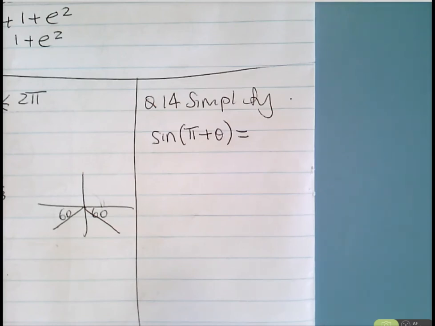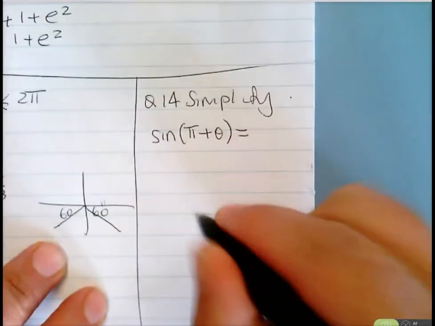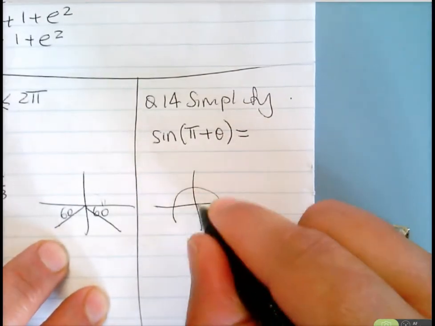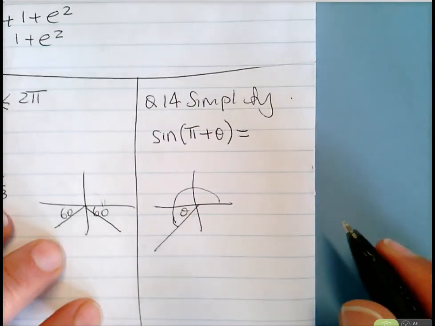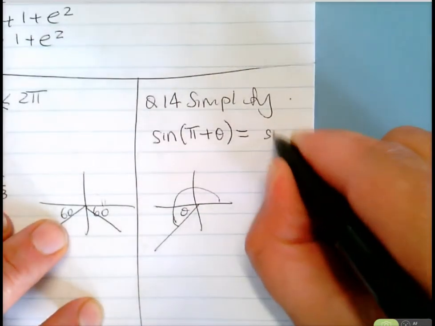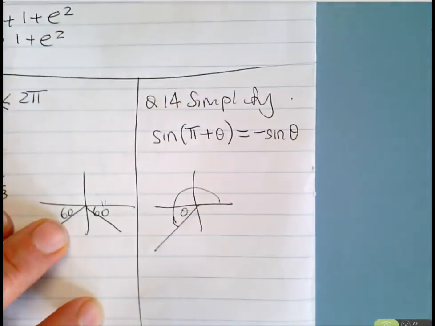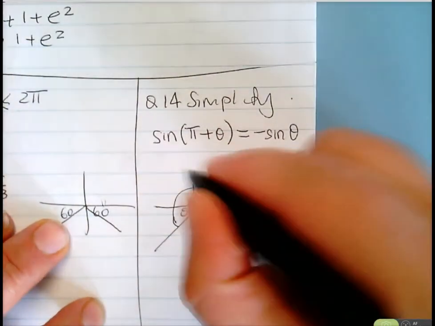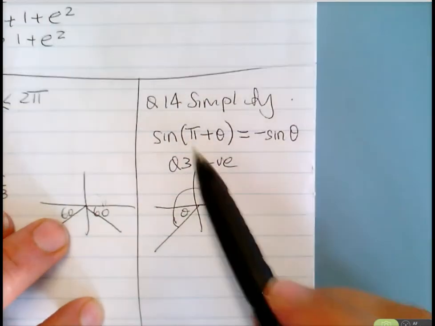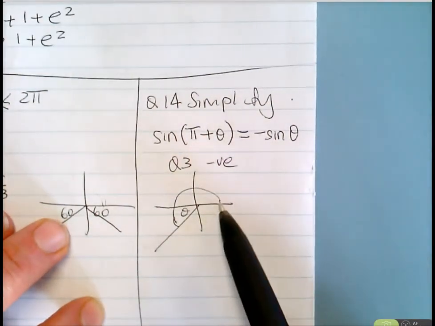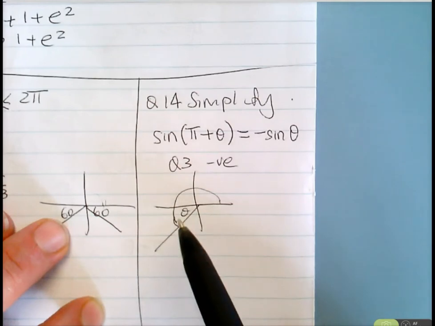That's sine of 180 plus theta. So that's over here. How do you simplify that? It's quadrant 3, so it's negative. And how do you get to 180 plus theta? You go 180 plus theta. That's what it looks like.